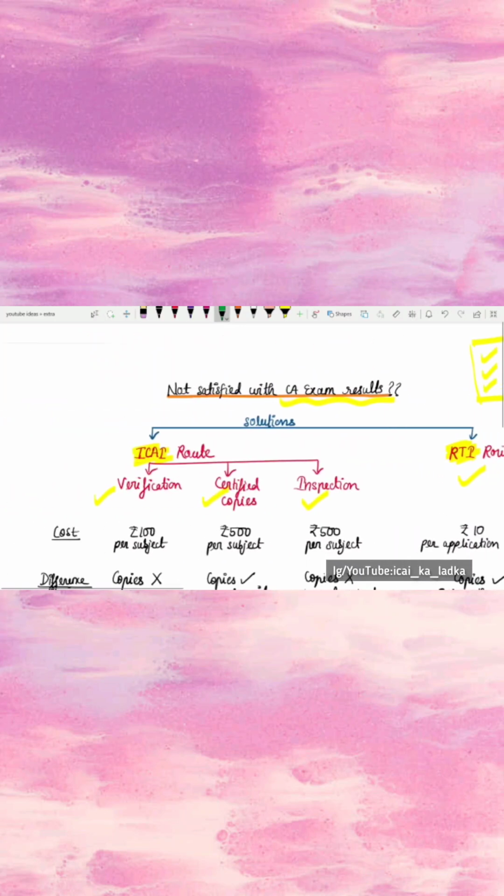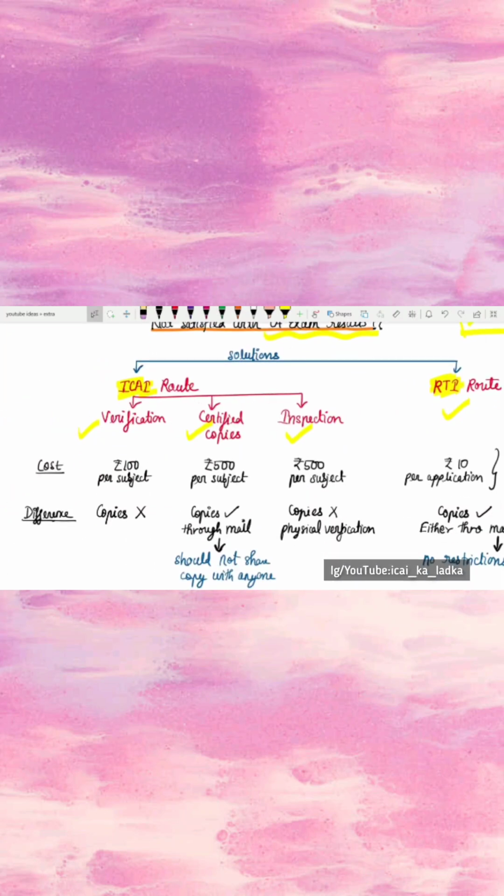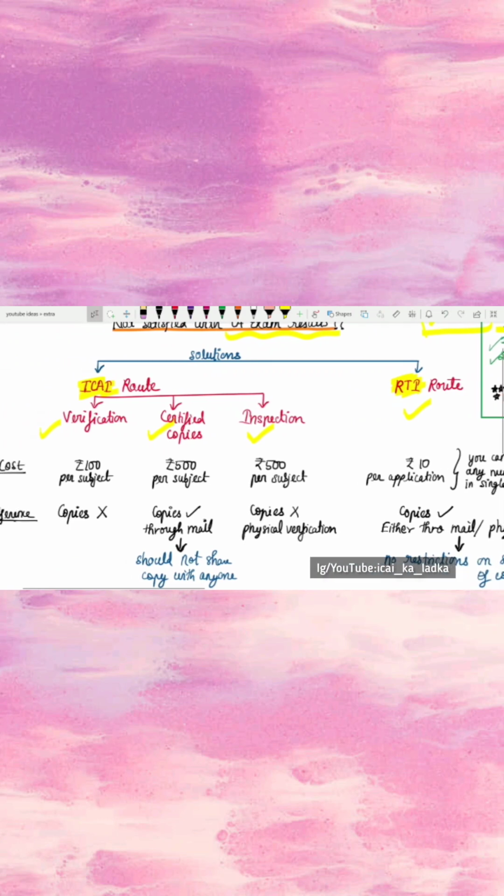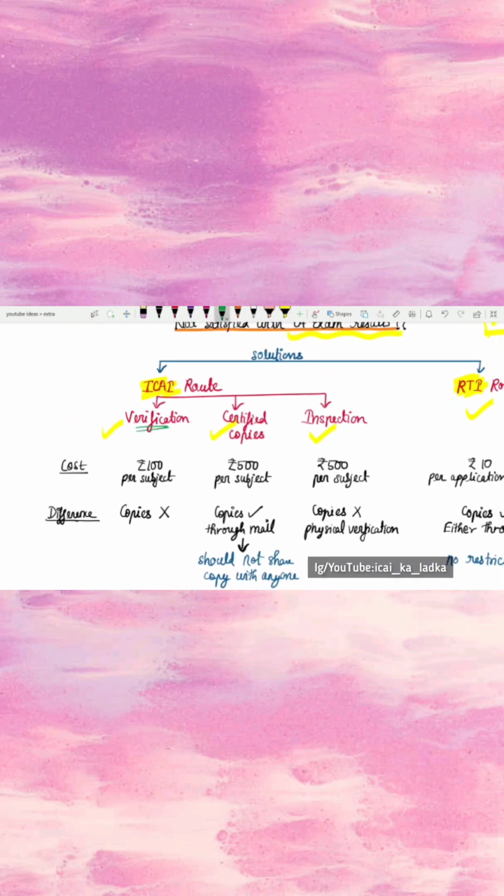Okay, fine. So what is the difference between verification, certified copies, inspection and the RTI route? First I'll start by telling you the actual. Under verification, if you choose the verification option, they will verify your answer sheet.